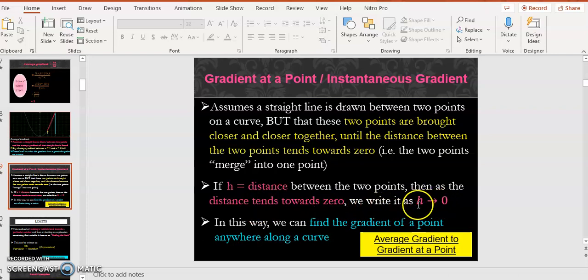You will know the meaning of h as we proceed. Okay, in this way we can find the gradients of the points anywhere along the curve. So here we are trying to find the gradient of the points, not the average gradient. All right, gradient of a particular point when it's a point but not a distance. That is when the distance is 0.